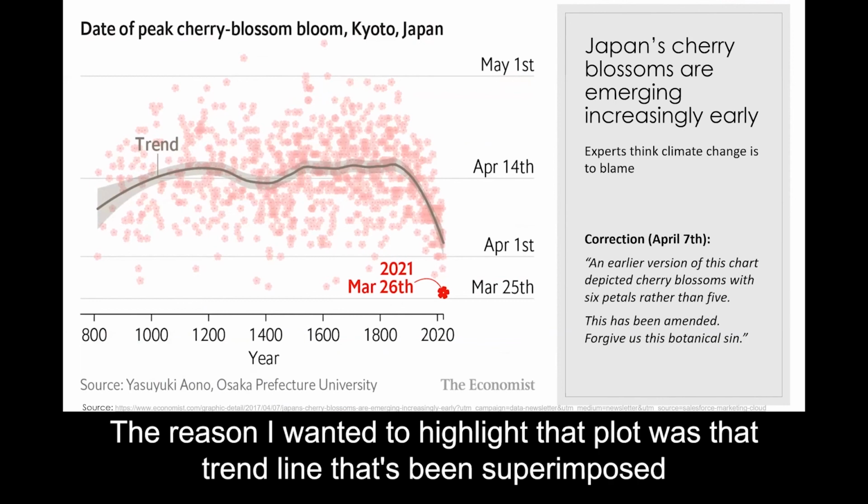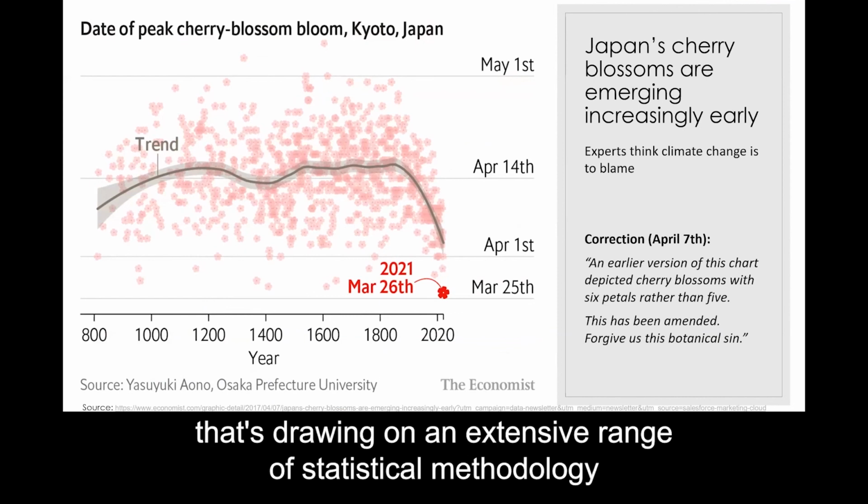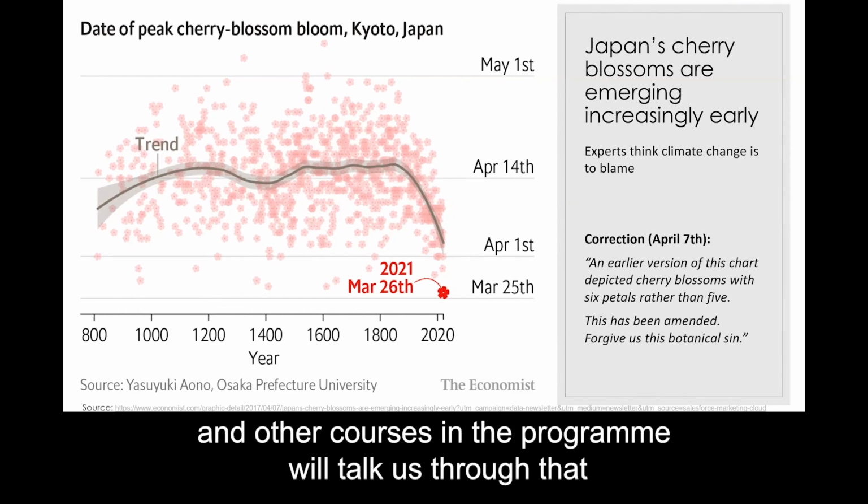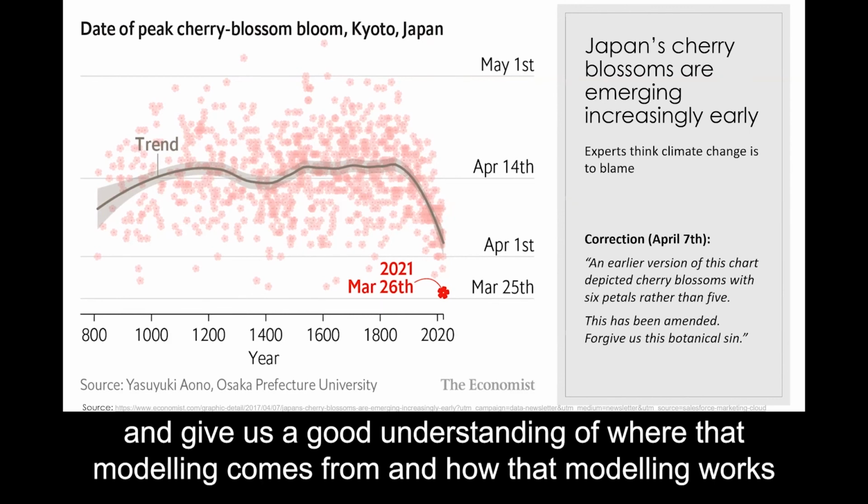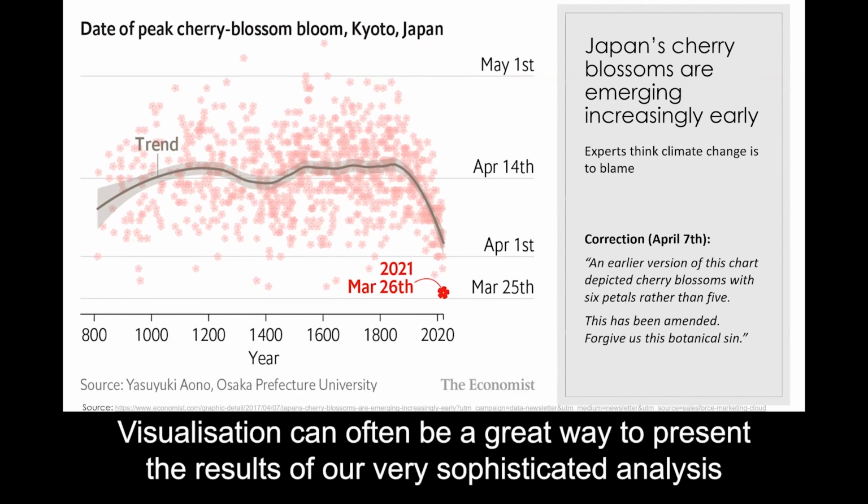Now, the reason I wanted to highlight that plot was that trend line that's been superimposed; that's drawing on an extensive range of statistical methodology. Other courses in the program will talk us through that and give us a good understanding of where that modeling comes from and how it works. So I wanted to illustrate that visualization can often be a great way to present the results of our very sophisticated analysis.